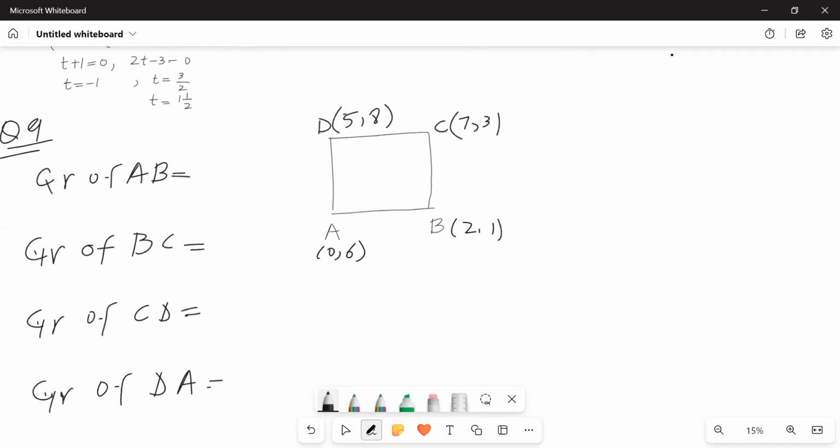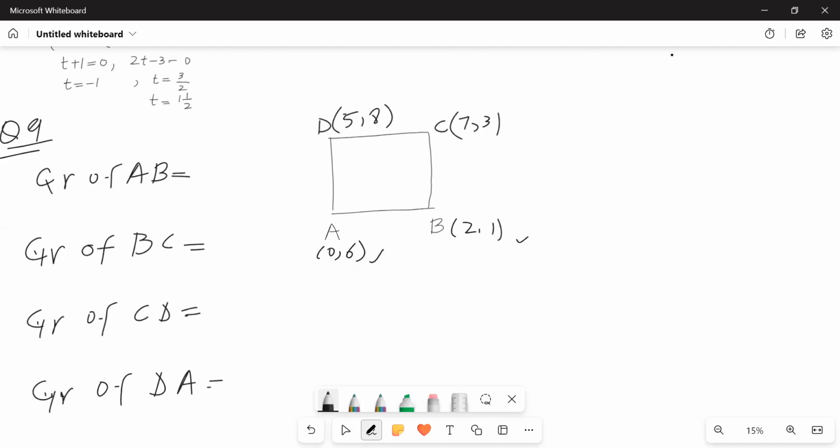Now I am finding AB directly. What is AB gradient? Now you will help me. 0, 6, and 2, 1. Consider this is x1, y1, this is the first point and this is the second point, x2, y2.